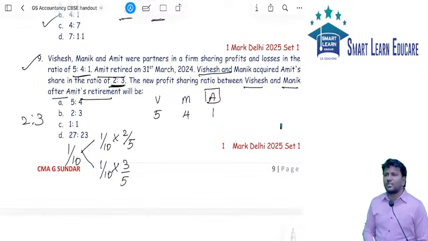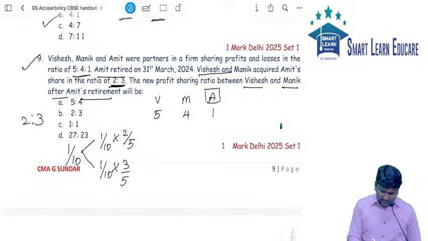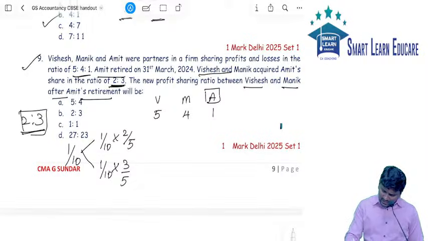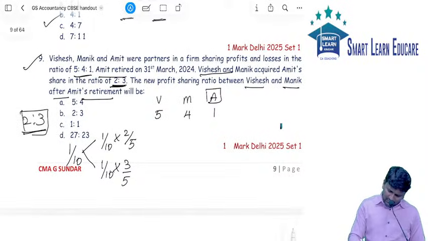When the ratio is given as 2:3, that is the ratio in which they share the sacrifice. So what is the amount of sacrifice for V? 1/10 into 2/5 will give you 2/50.